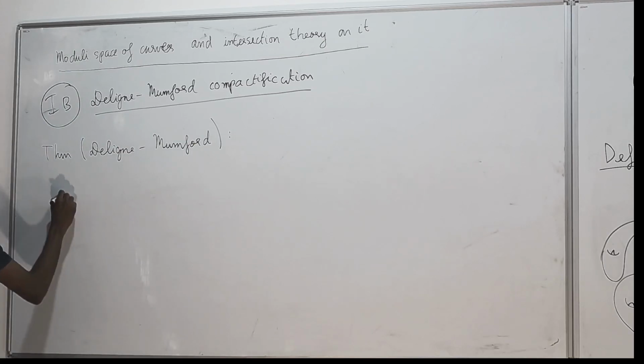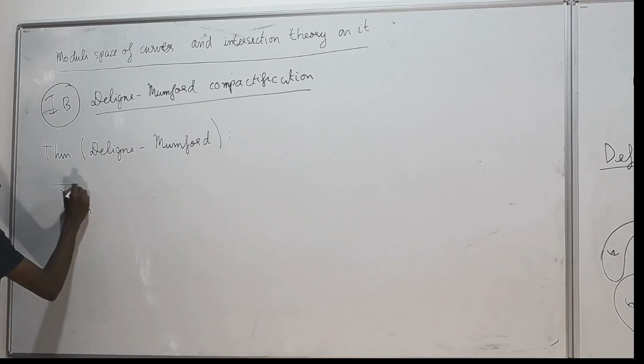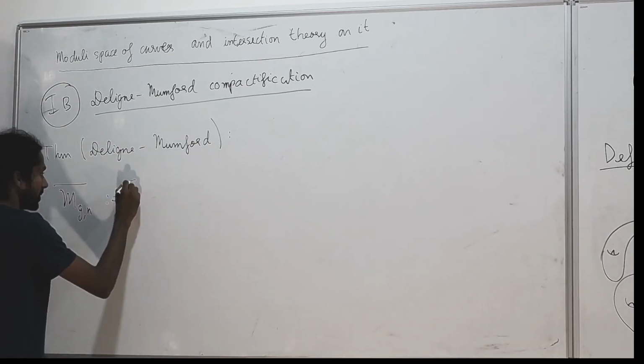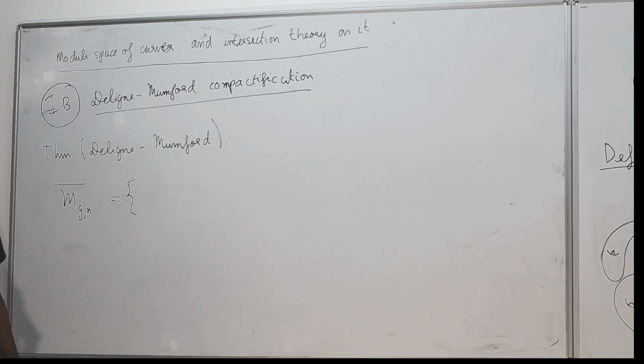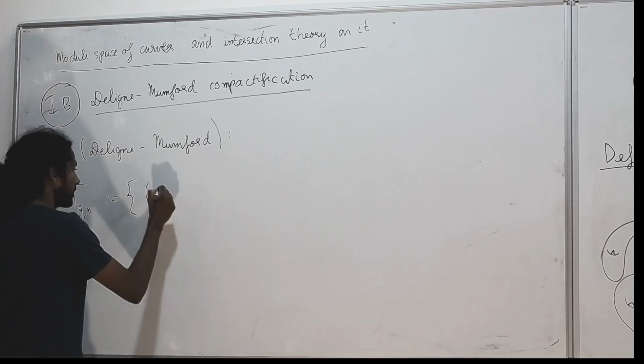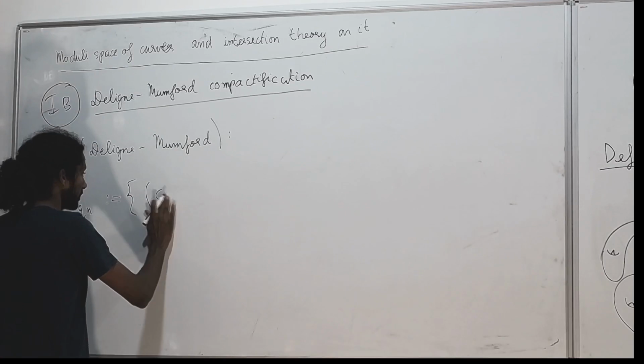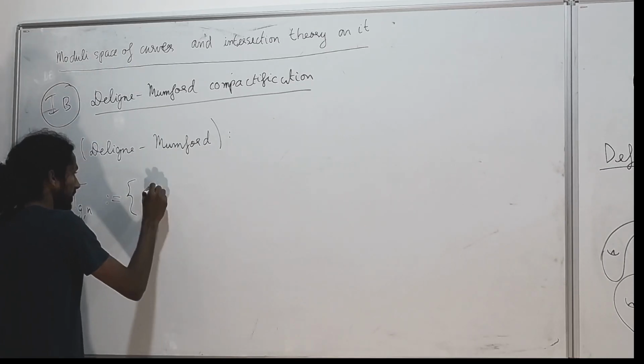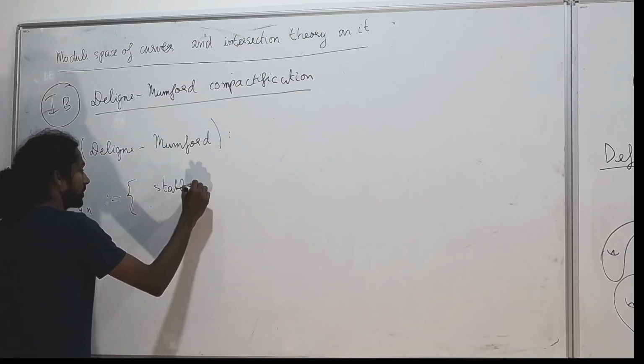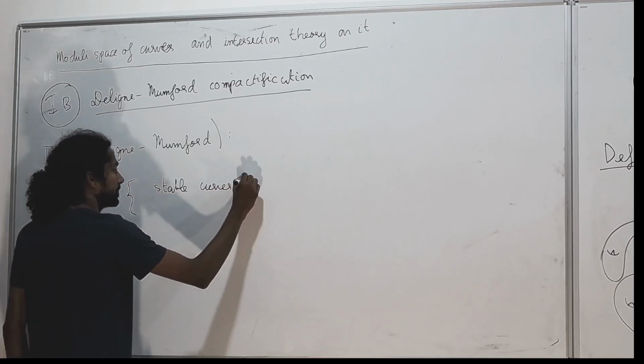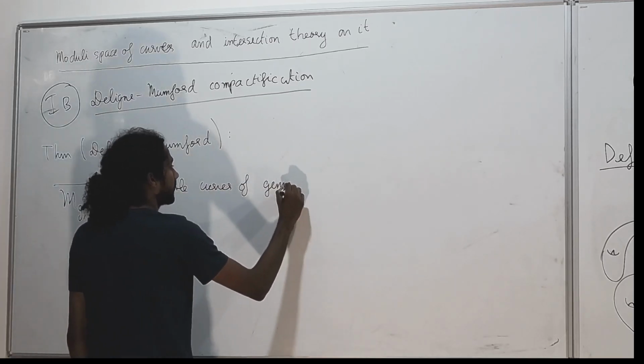We define our moduli space to be stable curves of genus g with n marked points.